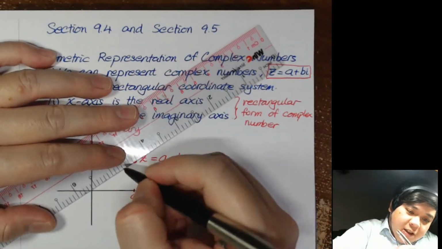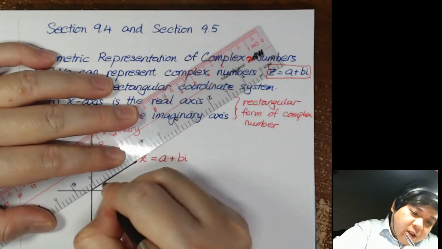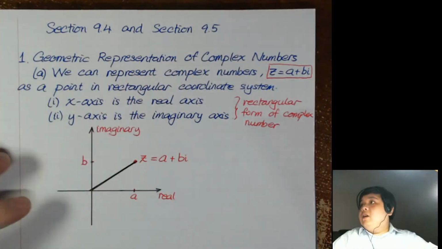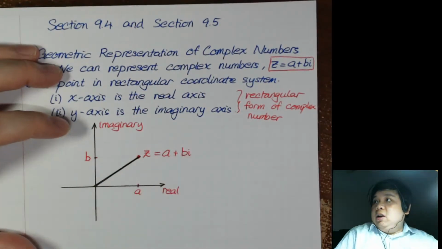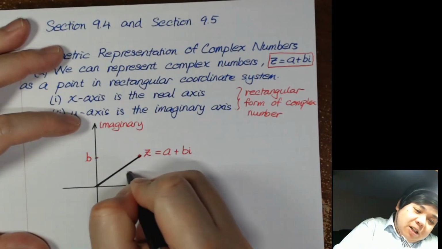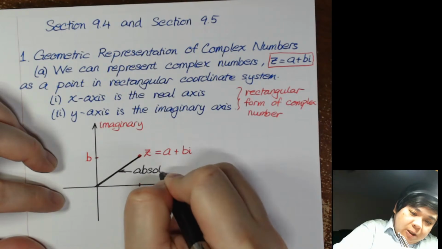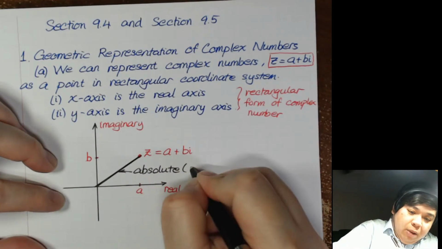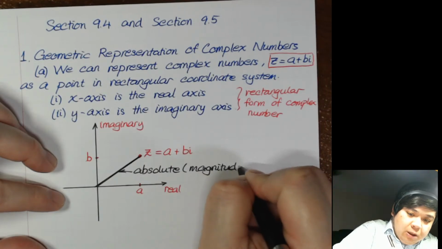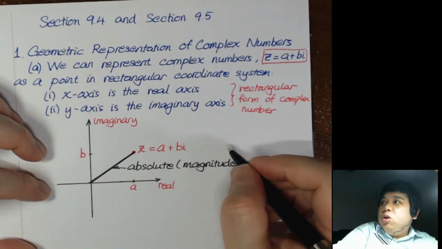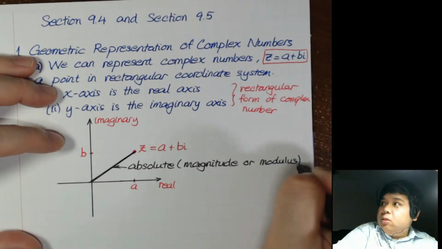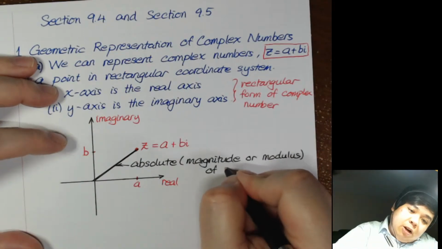And the distance from that point to the origin, there are many names. That distance is called the absolute value, magnitude, or the modulus of the complex number.